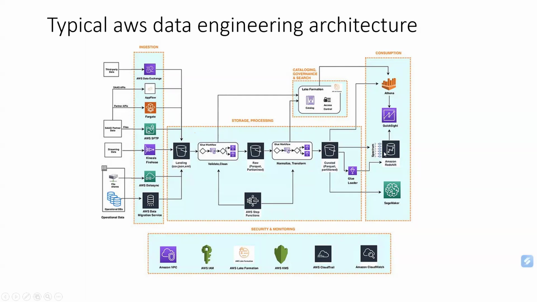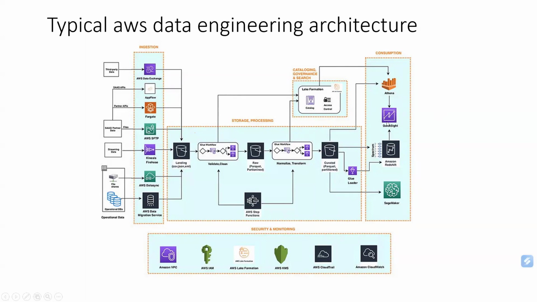So you load the data into Amazon Redshift, which is a big data storage source available in AWS, and into SageMaker and QuickSight. QuickSight is basically a reporting tool which can create dashboards and also store the data.